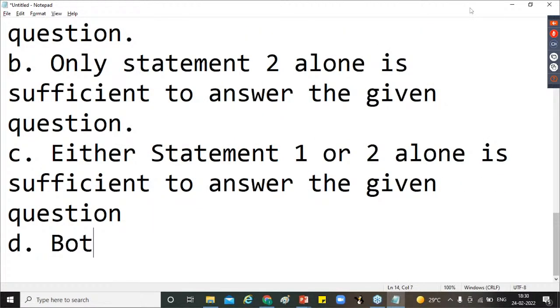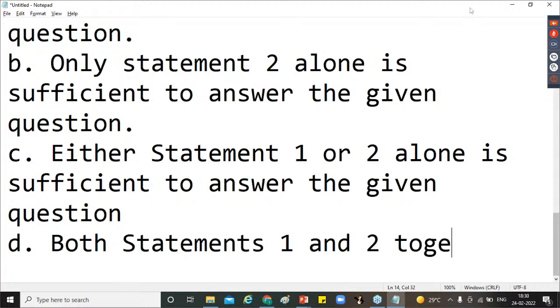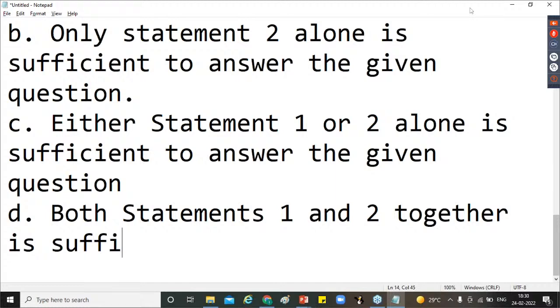Clear, all of you? Sometimes statement 1 alone is not sufficient, and statement 2 alone is also not sufficient. Nothing but both the statements are not sufficient alone. Sometimes one depends on 2, and 2 depends on 1. Both statements 1 and 2 together are sufficient to answer the given question.